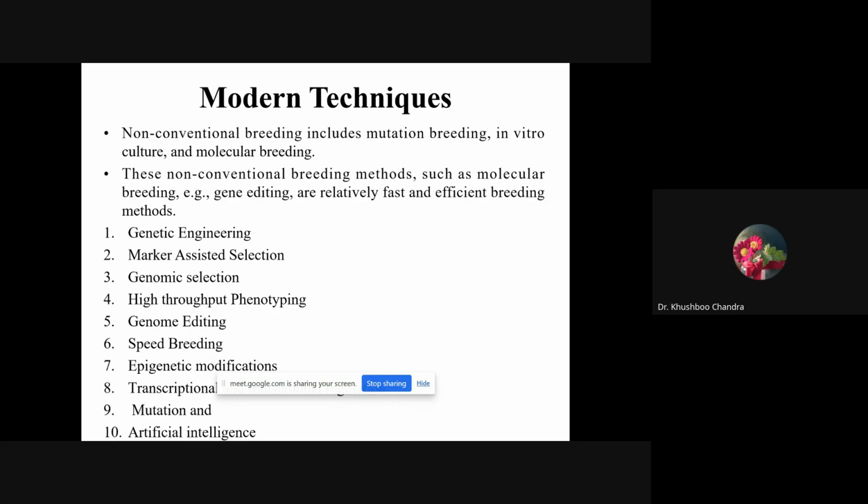Together these techniques have revolutionized our crop improvement by reducing the breeding cycle, which is the first and foremost thing for release of any variety, and by increasing the selection accuracy. Whatever our desirable trait is, only that is chosen with the help of these modern techniques.